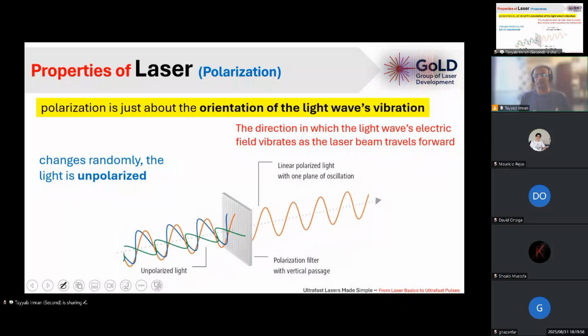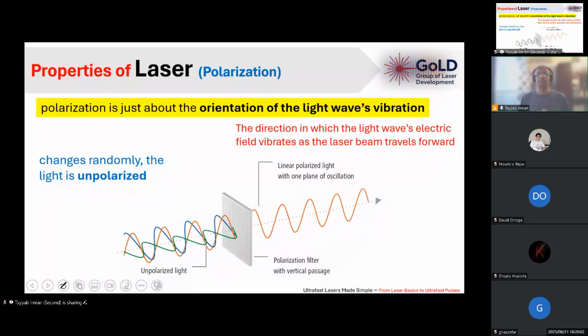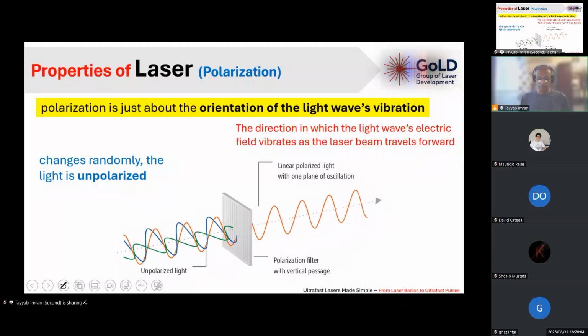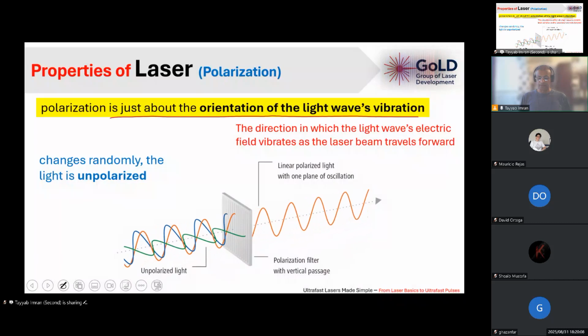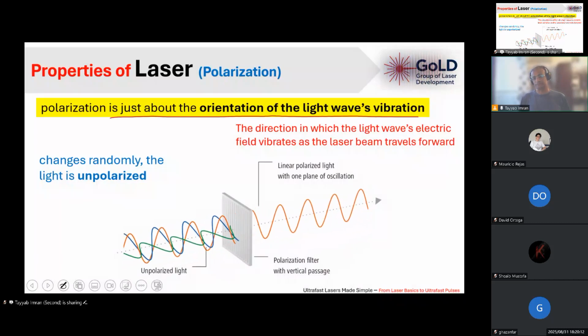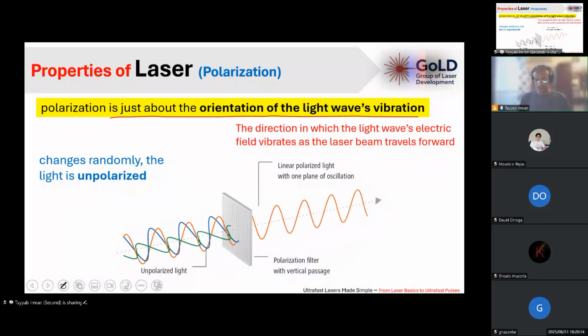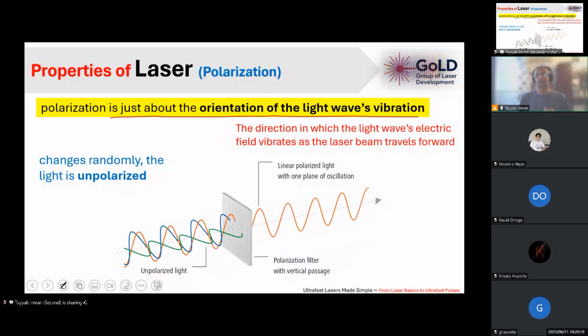It's an electromagnetic field. It has electricity and magnetism as well. If you see this yellow portion, it's the orientation of the light wave's vibration. In simple words, the electric field or magnetic field vibrations.